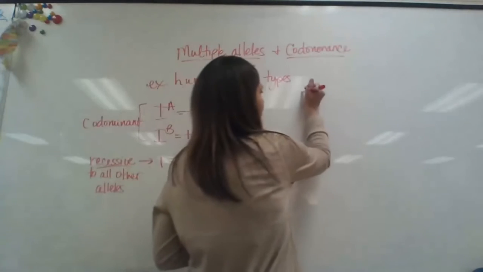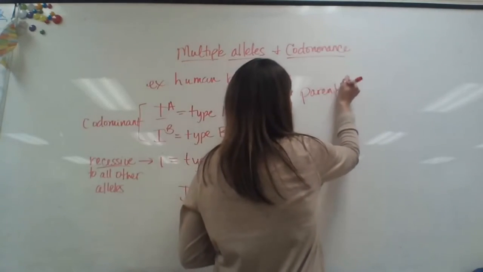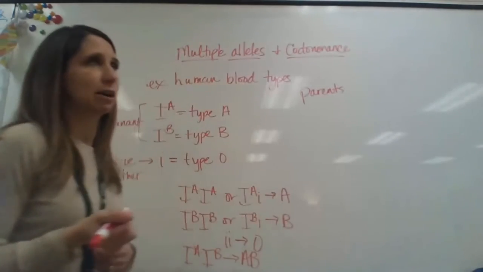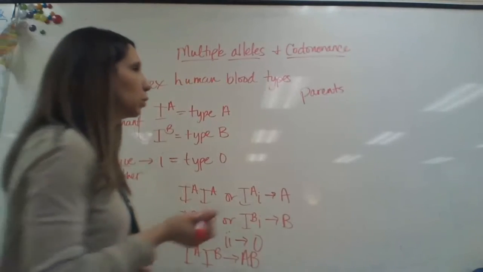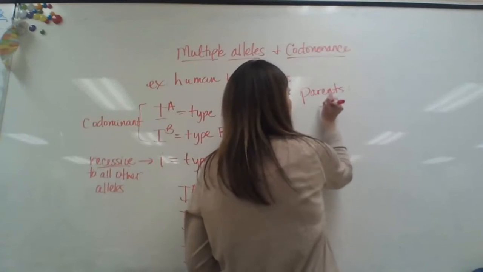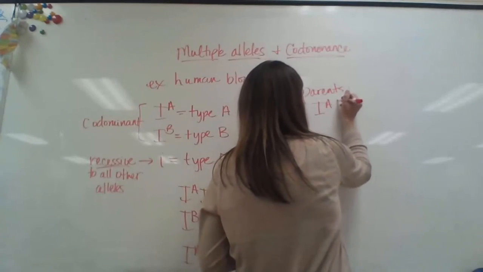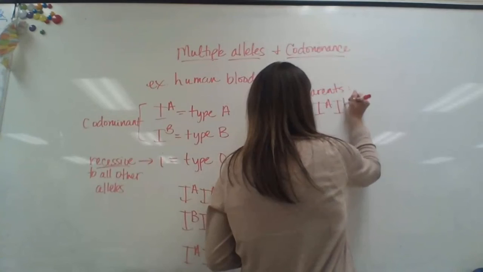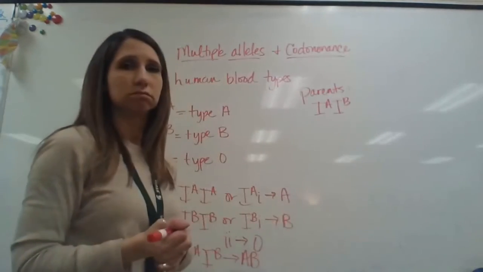Let's say that I have parents, and one parent is going to be blood type AB, okay?